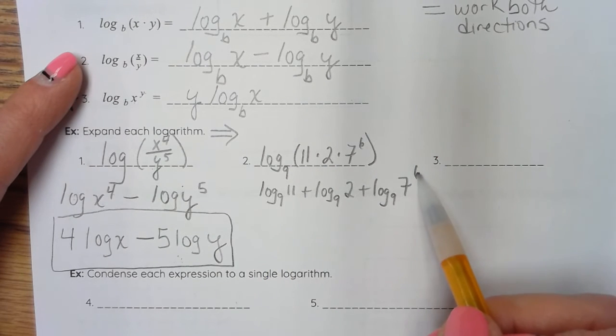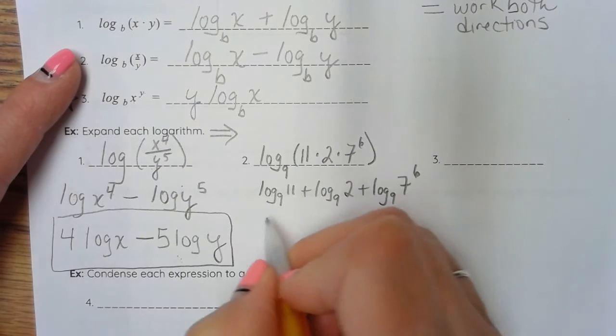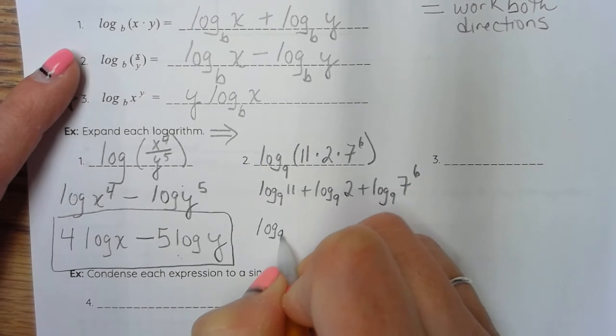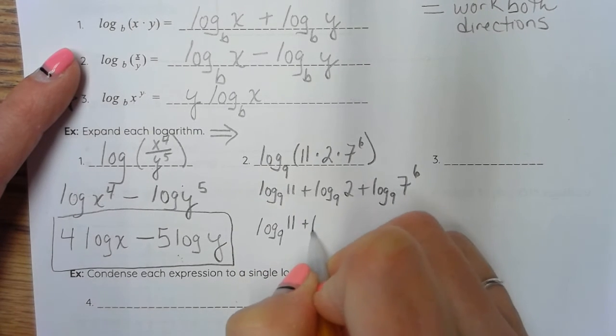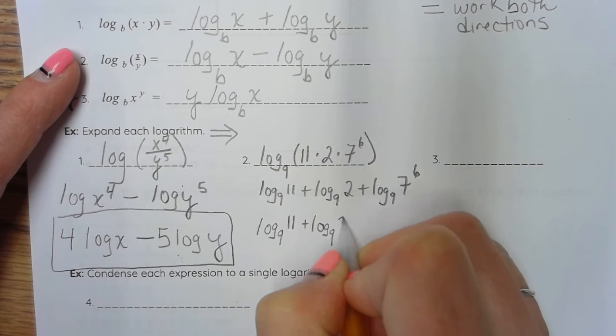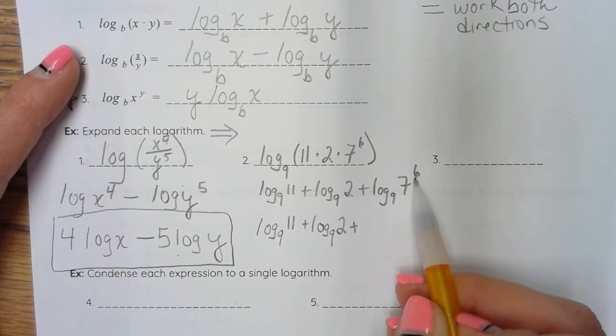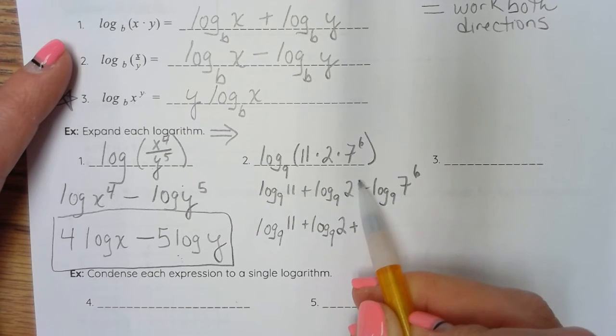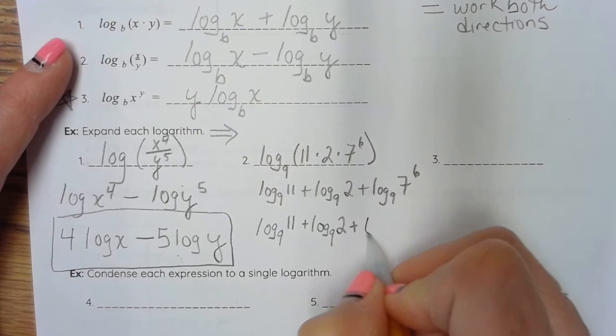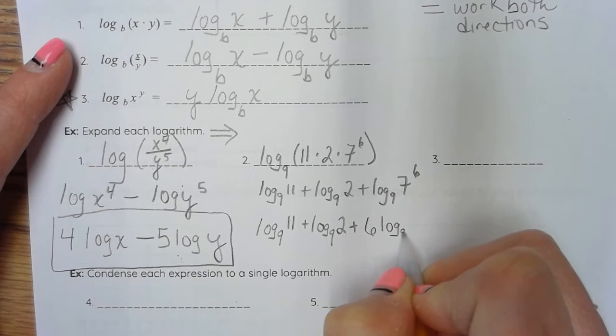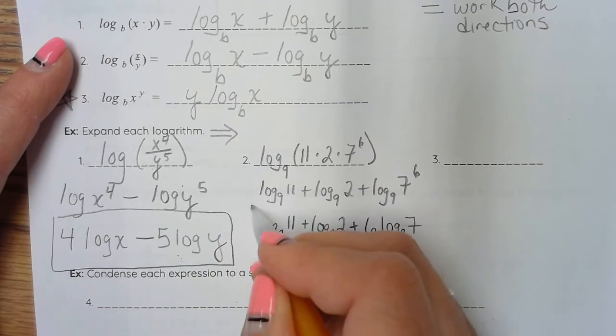And there are, but only on this last term. So I've got log base 9 of 11 plus log base 9 of 2 plus, here at the end, I'm going to be able to take the 6, that's my exponent, and bring it out front as my coefficient. So 6 log base 9 of 7.